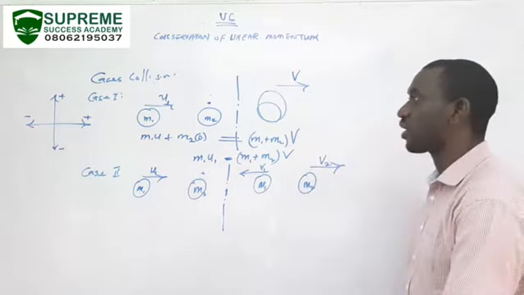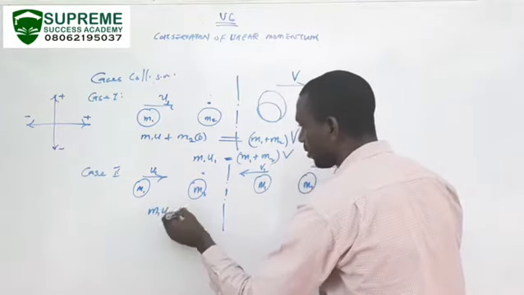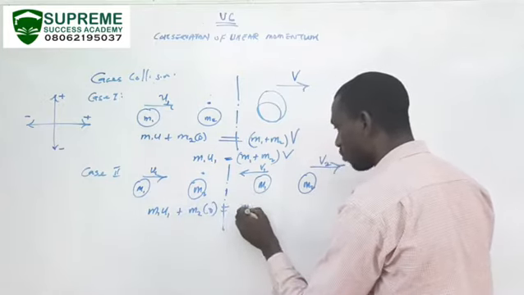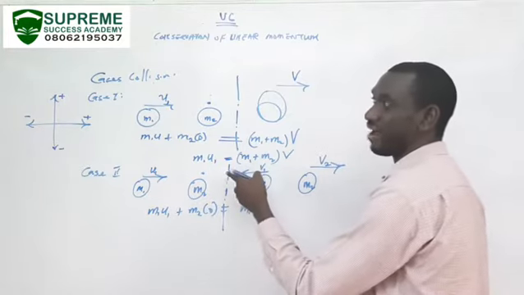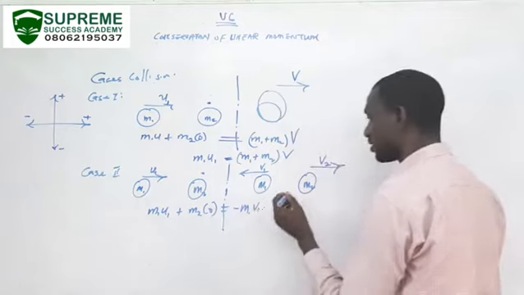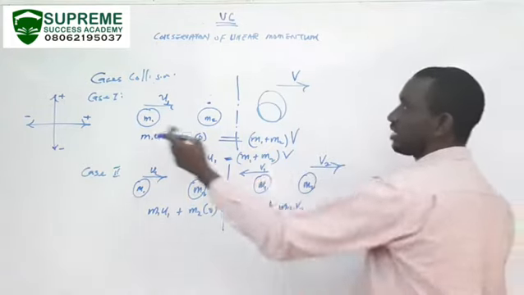So momentum before collision equals momentum after collision. We have M1 U1 plus M2 times 0 equals M1 V1. Don't forget, this guy has changed direction, then it's going to be negative, plus M2 V2. What's the direction of this? It's like this.